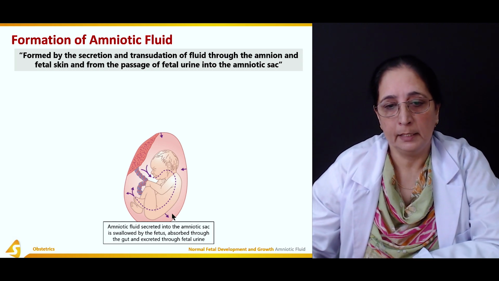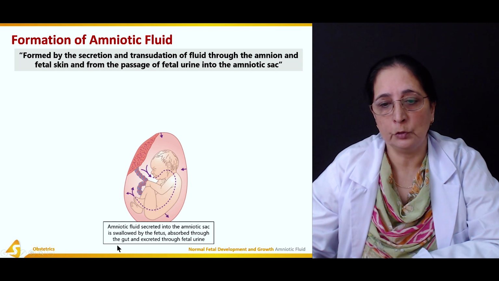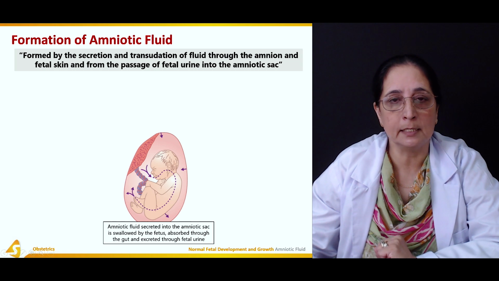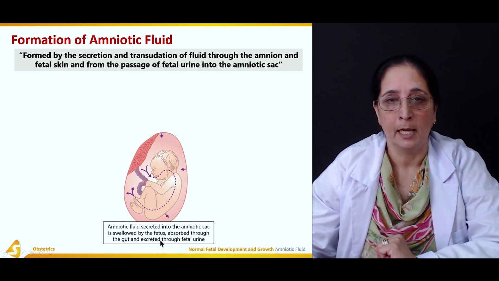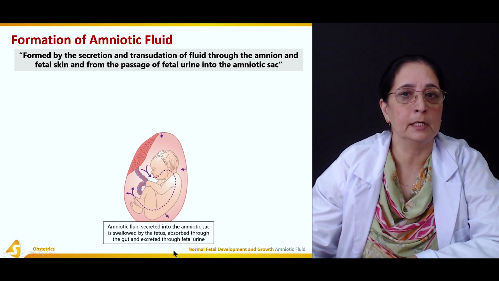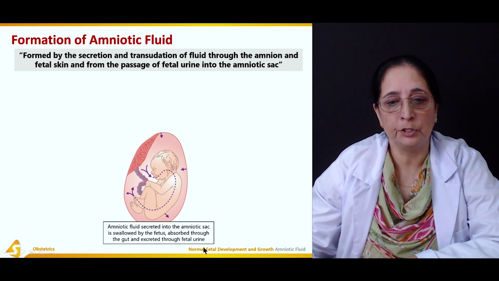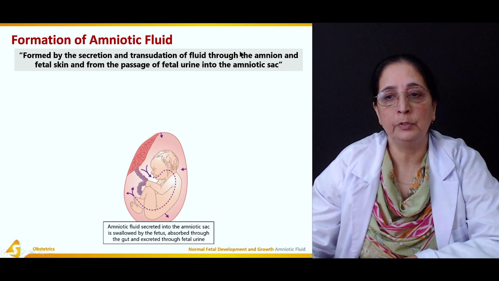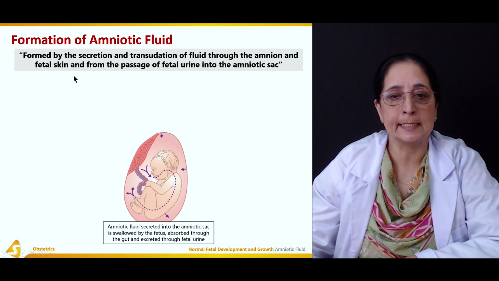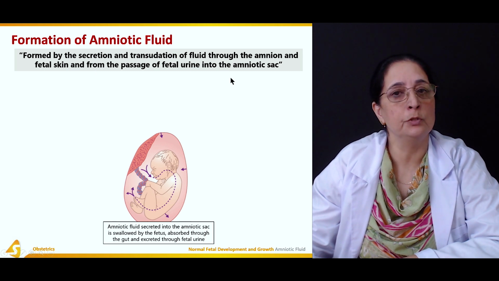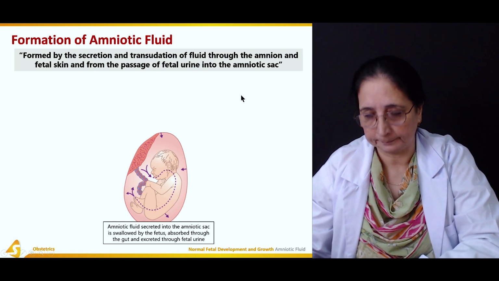Here the fluid is secreted into the amniotic sac, swallowed by the fetus, absorbed by the gut, and excreted through fetal urine. It is formed by the secretion and transudation of fluid through the amnion and fetal skin, and from the passage of fetal urine into the amniotic sac.